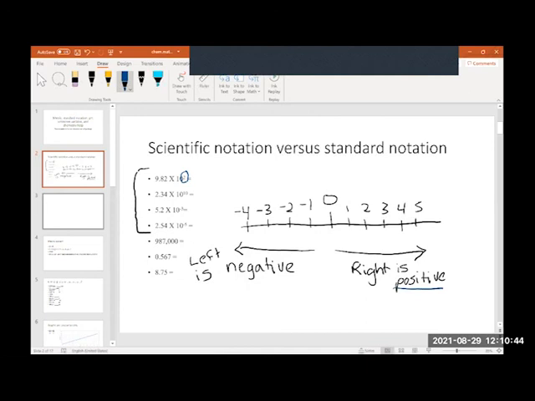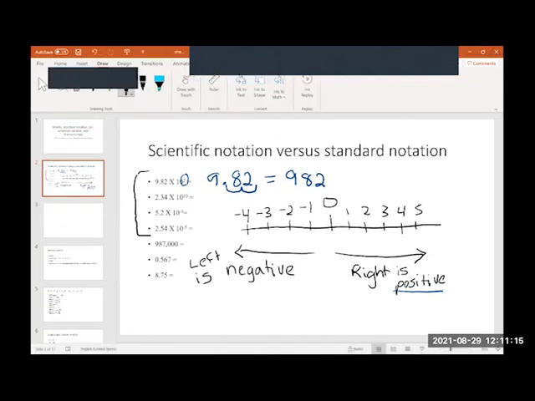So that means we need to move our decimal place 2 positions to the right. So 9.82 with the decimal point moved 2 positions to the right will now become 982 in the standard notation. Forgive my sloppy writing. It's a little difficult to actually write on a vertical screen. I'll try and make that better.